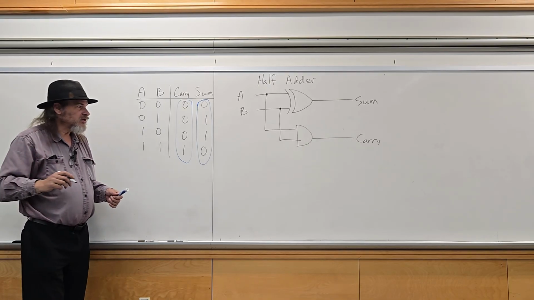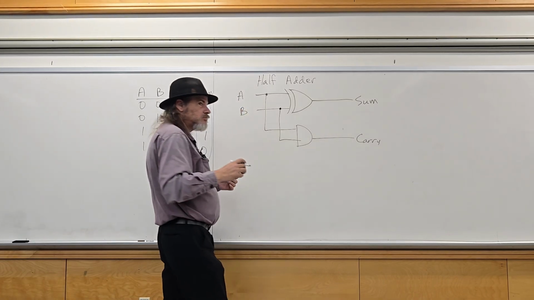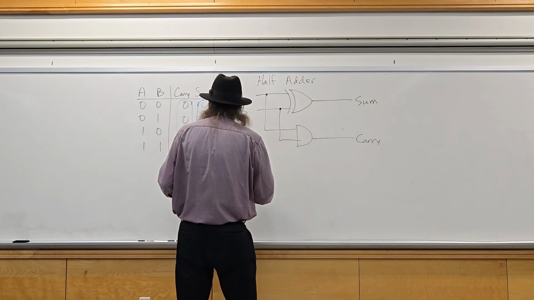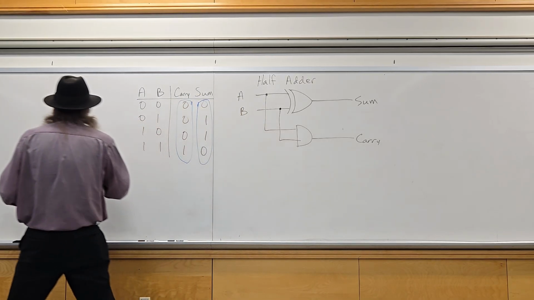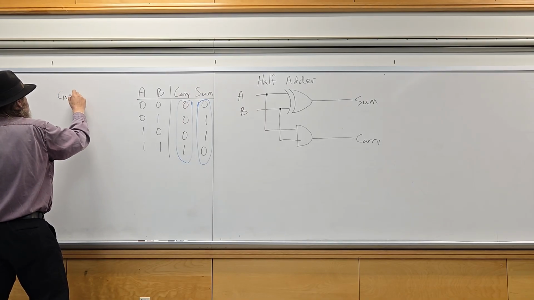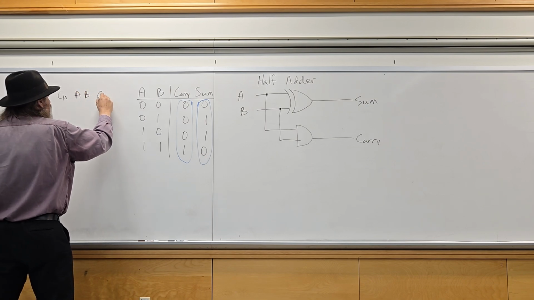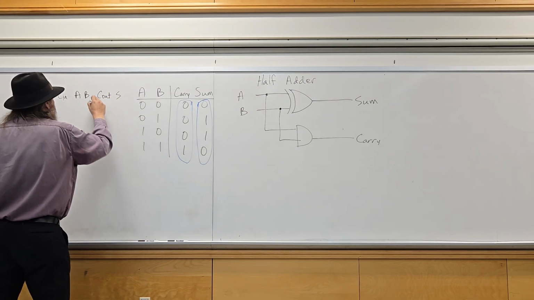So you have what's called a full adder, which is two half adders. You have CN, A, B, C out, and sum.